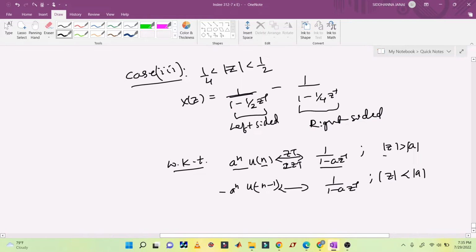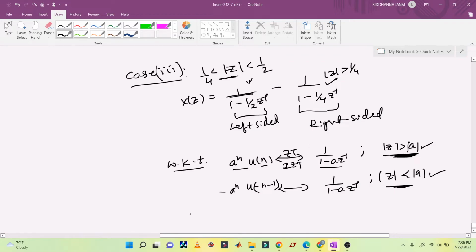Okay, so here is the problem, z is greater than 1, z is less than 1. For the left sided sequence this is what we have to write, for the right sided this is what we have to write. In this you can see z is greater than 1 by 4, so for this term z greater than 1 by 4 is valid. Z is less than 1 by 2, so for this term z less than 1 by 2 is valid.